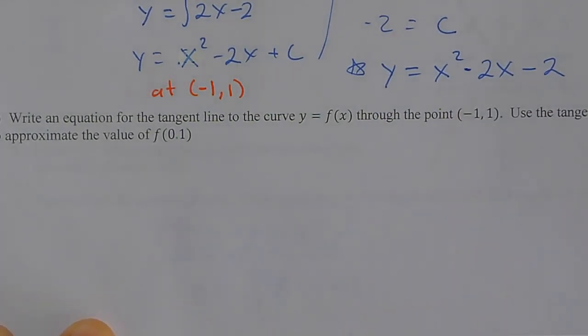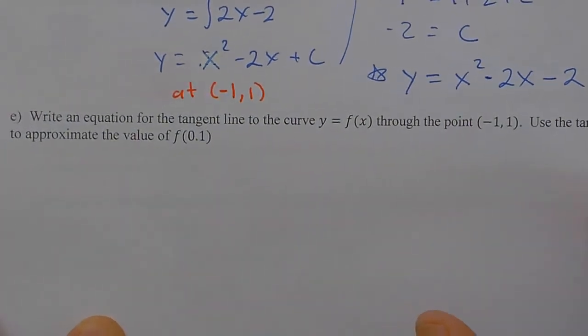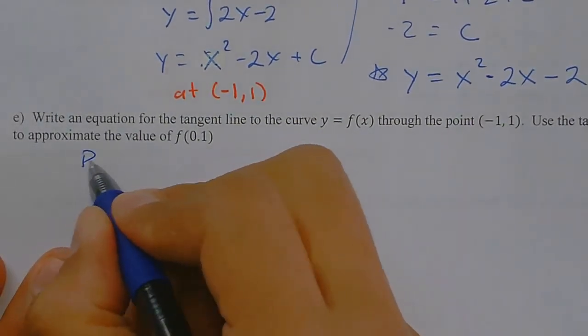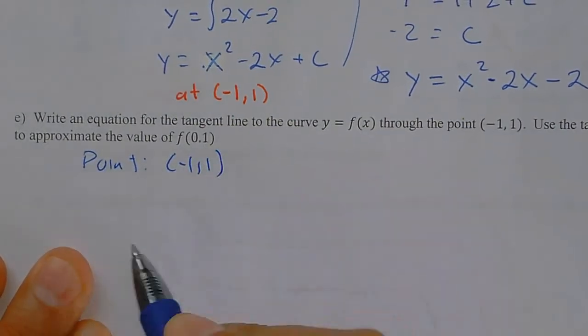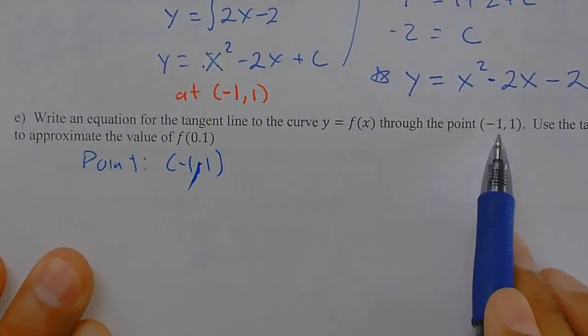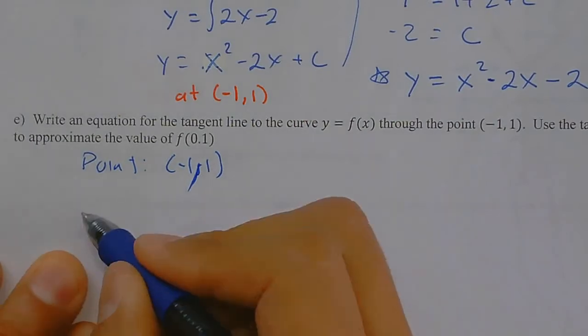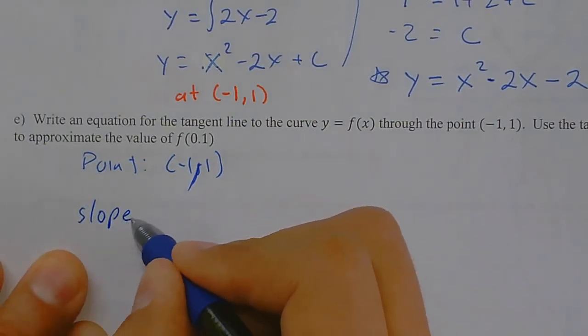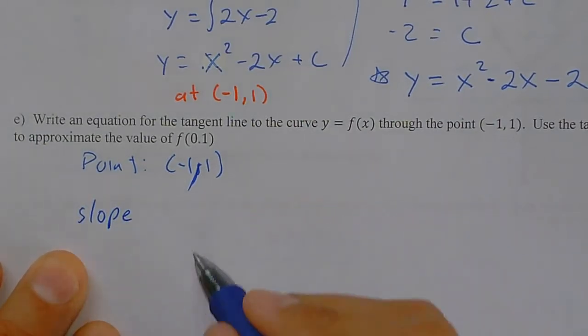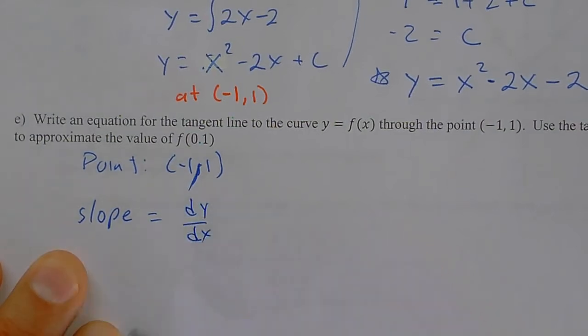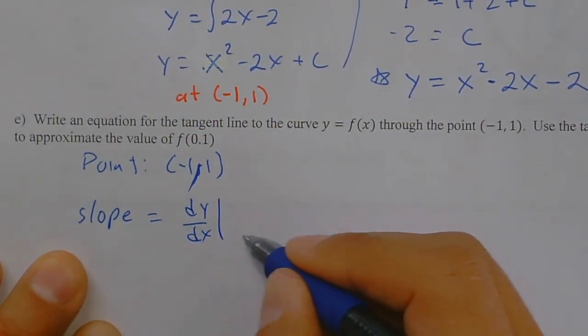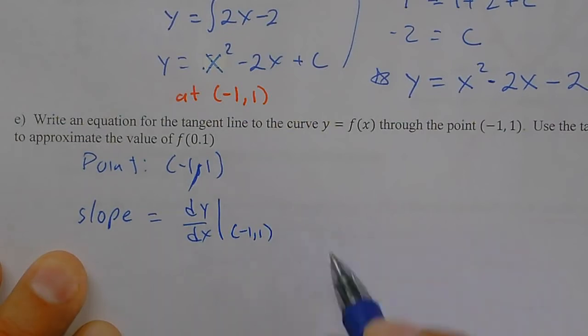I could find the slope. The slope comes from the derivative evaluated at the point -1, 1. So I'm going to plug -1, 1 into my derivative, which we did up there somewhere. We know that the slope at -1, 1 was -4.